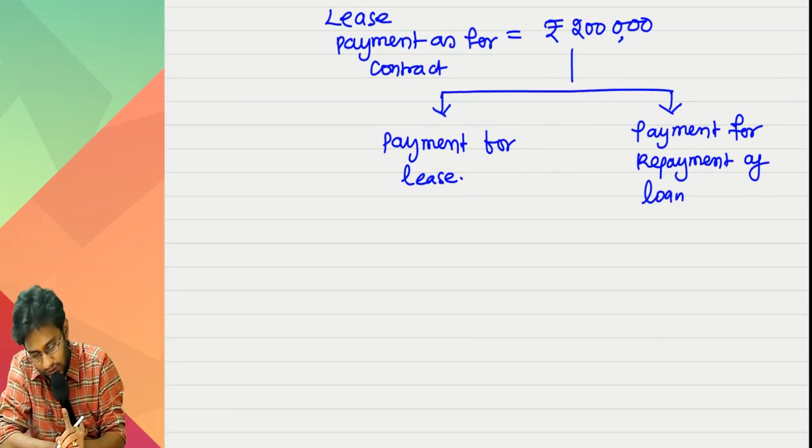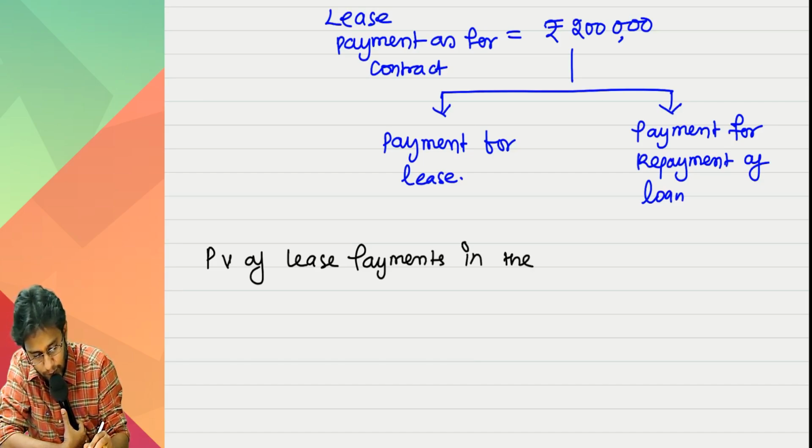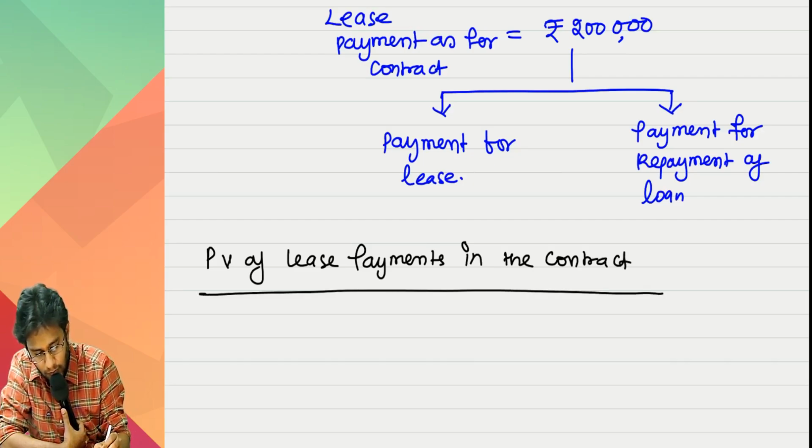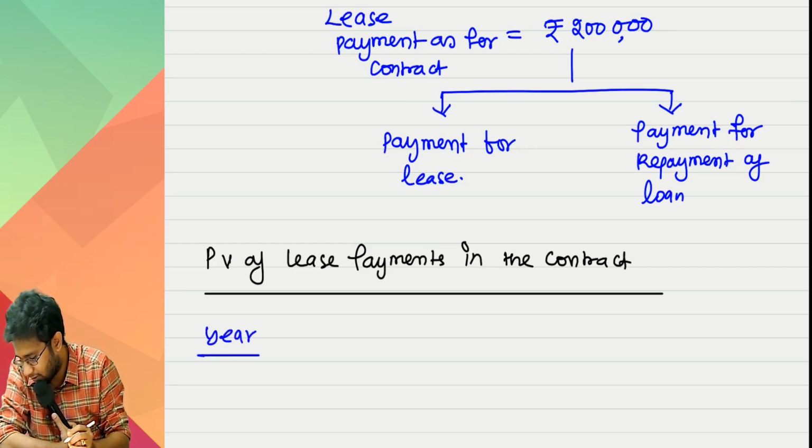Next, what you will do is, present value of lease payments in the contract. So here, what is the lease period? 20 years. Then contractual payments.